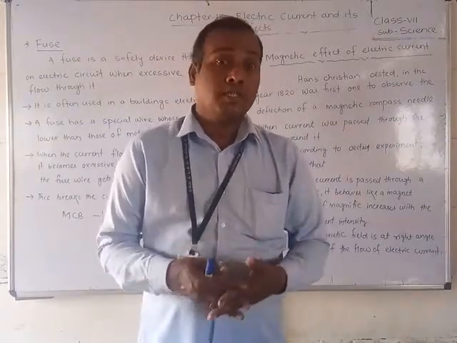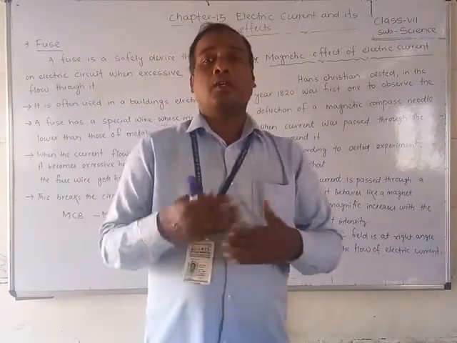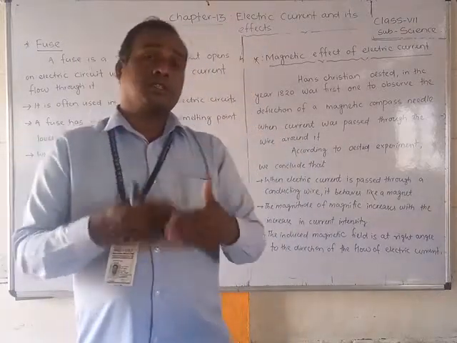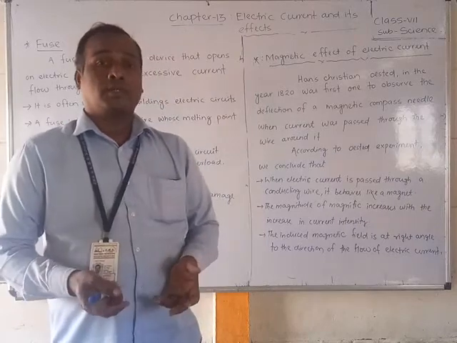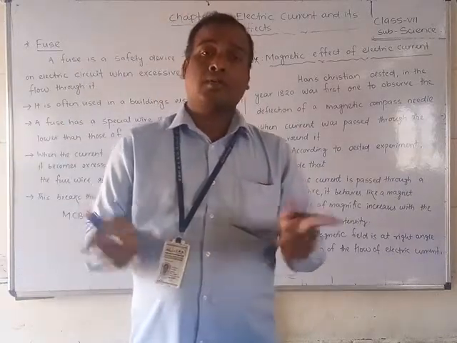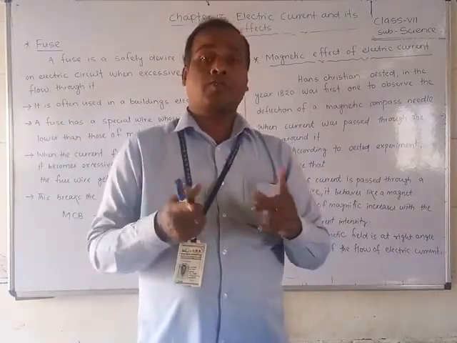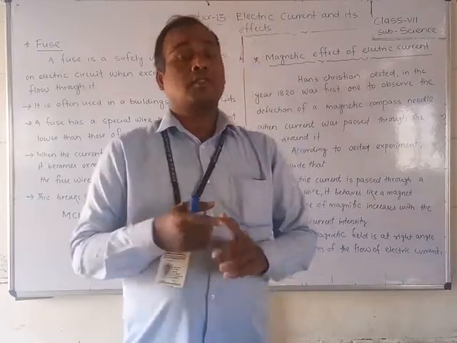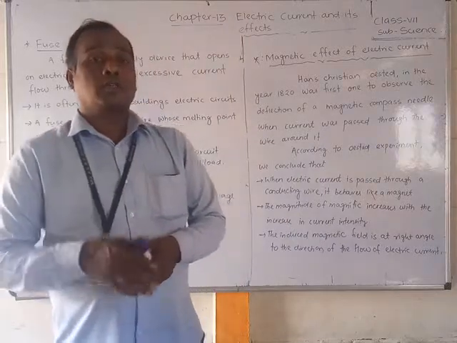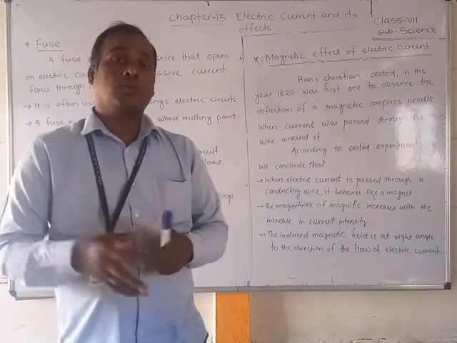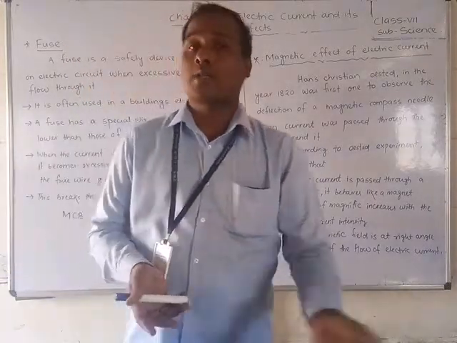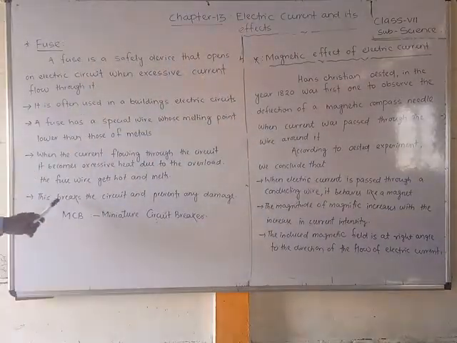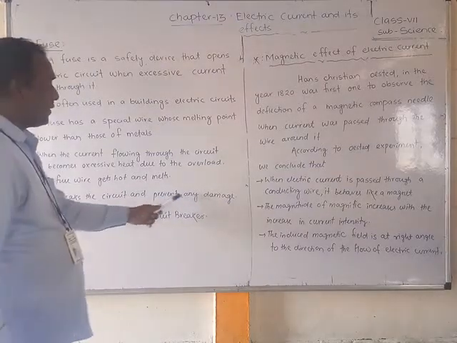Due to that excessive heat, the insulation that covers the copper wire or other materials will melt. Then the positive and negative wires, which are conductors, will touch each other, so more current will flow, produce heat, and it will catch fire. The fuse breaks the circuit and prevents any damage.